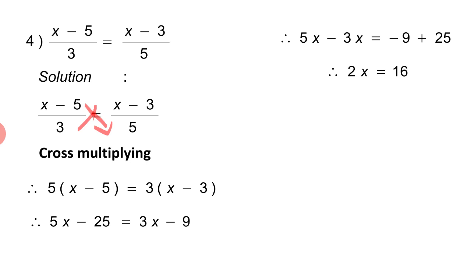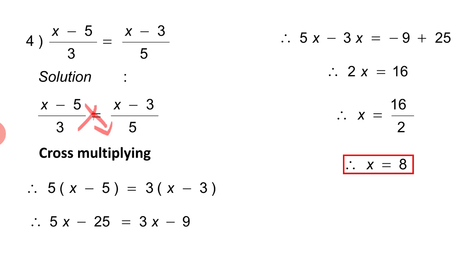Children, enough speed in integers, so its answer will be 16. So you need to do all these mind calculation. You can observe that length of solution is increasing. So 2x is equal to 16, so x will be equal to 16 by 2, so x is equal to 8. Is it clear?